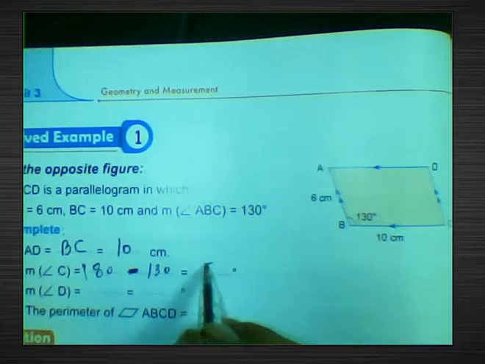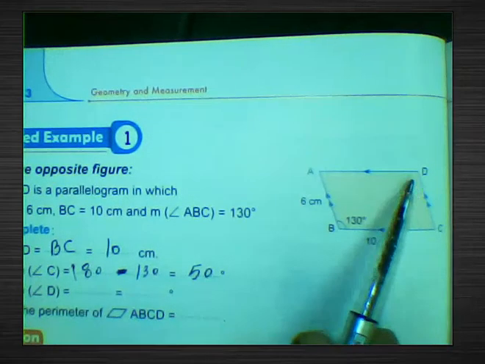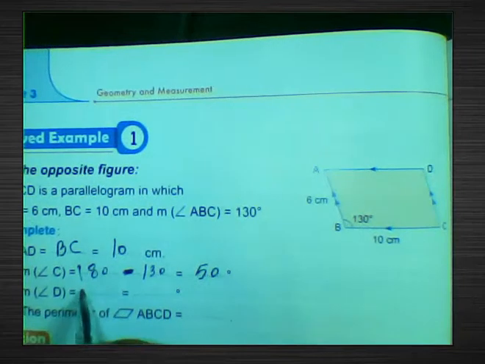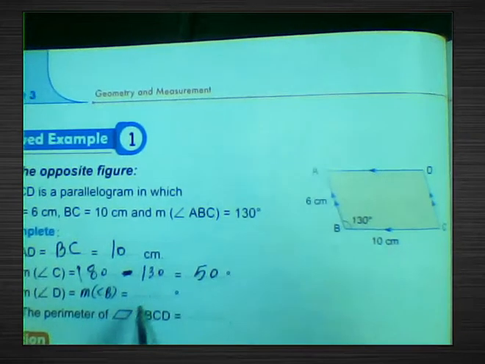Measure of D equals measure of B, and the measure of angle B equals 130.